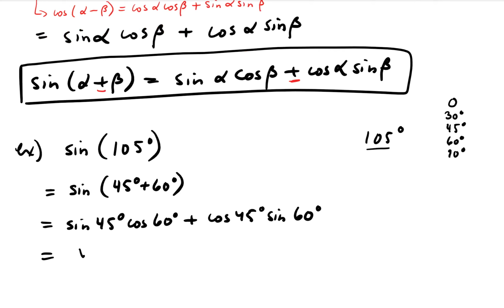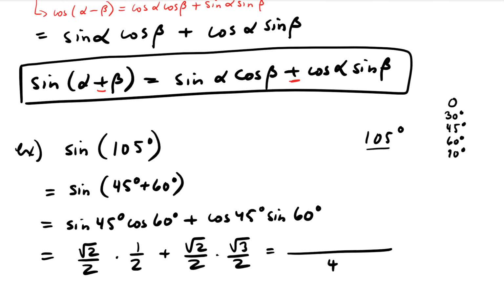Sine of 45 degrees, that's root 2 over 2. Cos of 60, that's 1/2. Cos of 45, that's root 2 over 2. Sine of 60, that's root 3 over 2. And everything is going to be over 4. This is root 2 plus root 6, over 4. Actually, it's the same answer as the previous example.